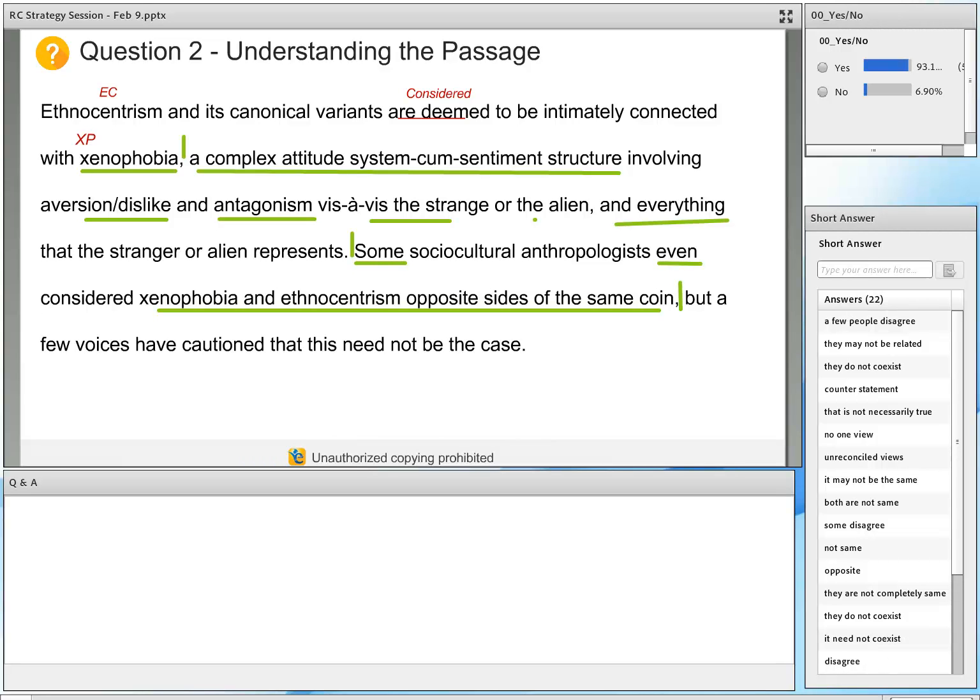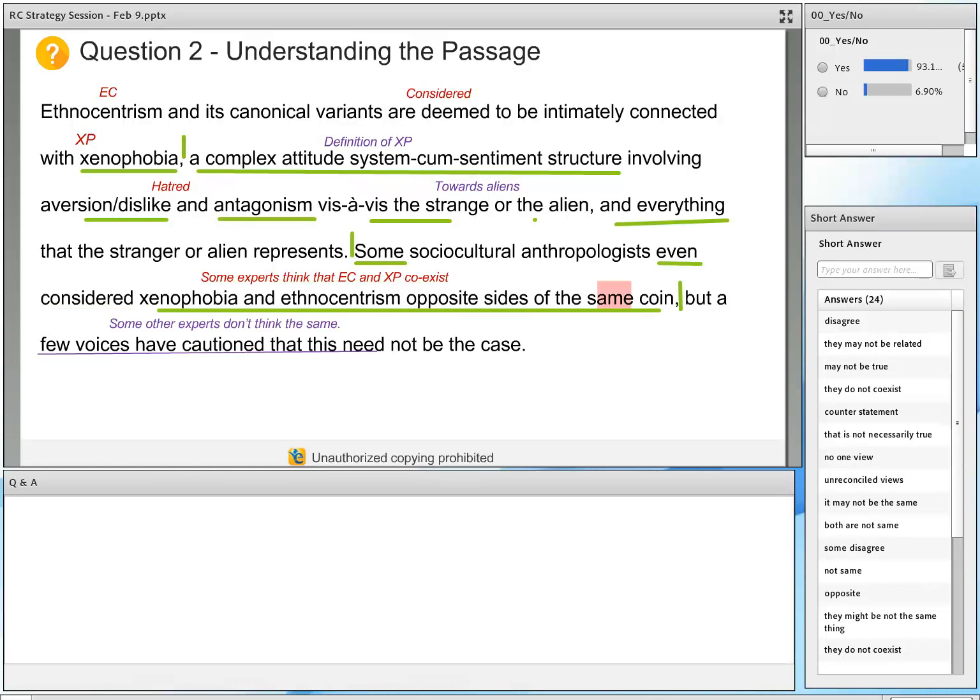So overall, in this passage, what we have learned is that the author presents a new term, XP. He defines a new term. He says that some experts think that EC and XP coexist, but then he says that some people think that this need not be the case. And there was one more thing from the first line of the passage: EC and XP are considered to be intimately connected.